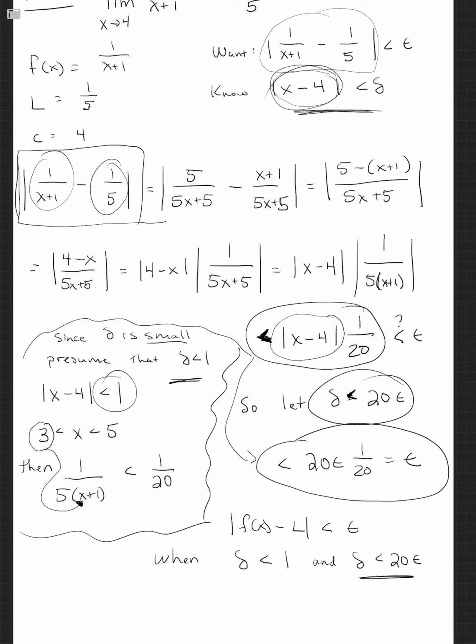As long as we choose a delta that is both less than 1, because that got us this simplification, and less than 20 times epsilon, because that got us this simplification, then we know that f of x minus L is going to be less than epsilon, which was our whole point.